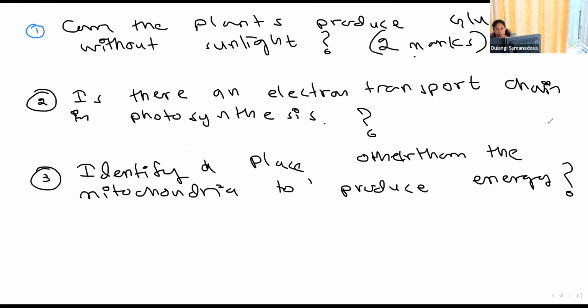Is there an electron transport chain in the photosynthesis? Identify a location where the ATP production, energy production takes place other than inside the mitochondria. Mitochondria is the organelle for ATP production, right? You know from last year. So is there any other place where you can see energy production other than in mitochondria? Answer the question, 5 minutes.